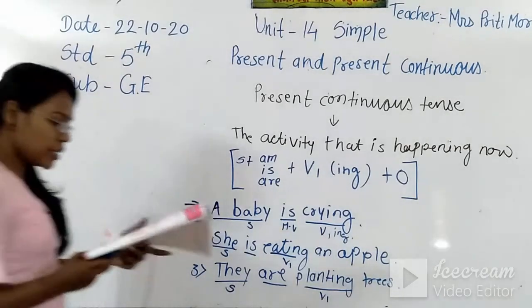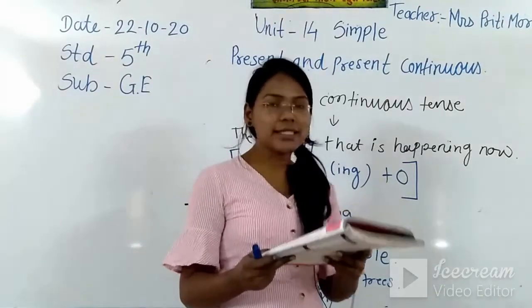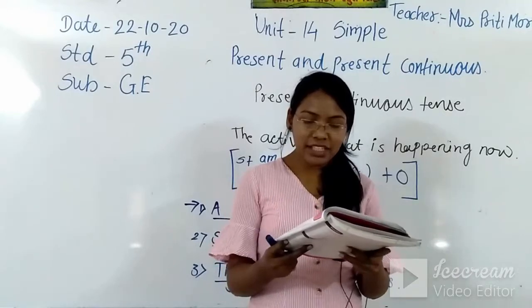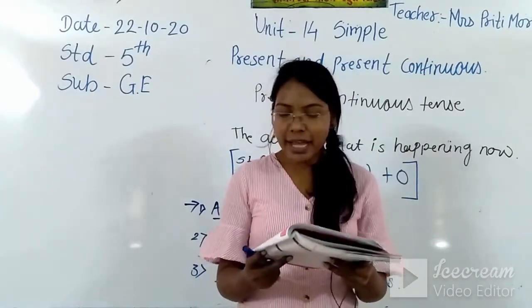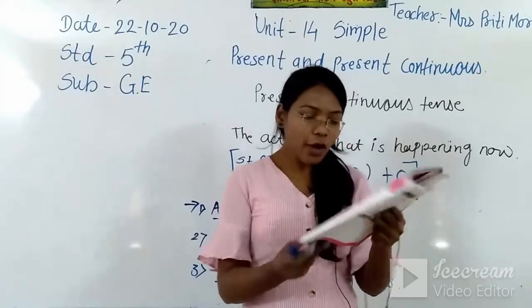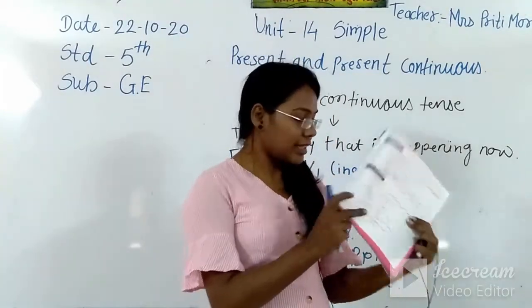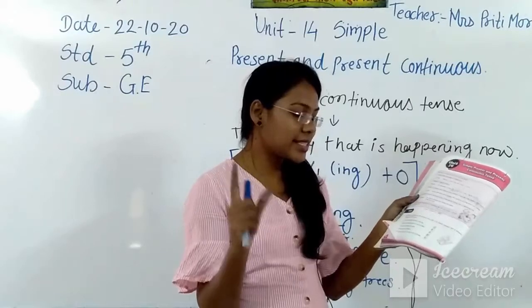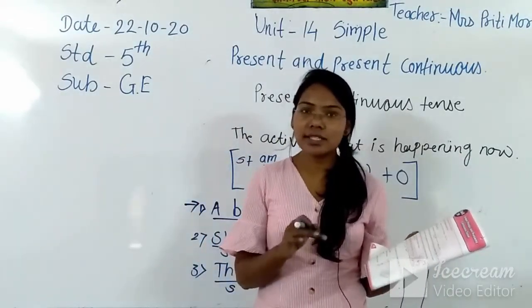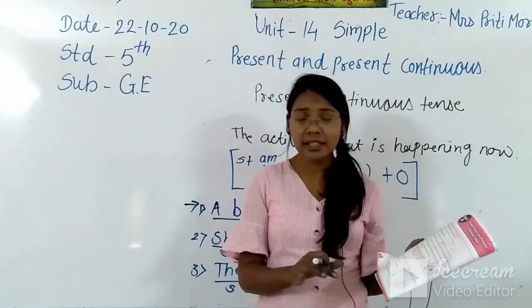Now, I hope student you have written this. Now, there is the focus exercise. Read these sentences, say whether each one is the simple present SP or present continuous PC tense. Five sentences are there in focus exercise A, and we just have to identify whether the sentence is in simple present or present continuous.